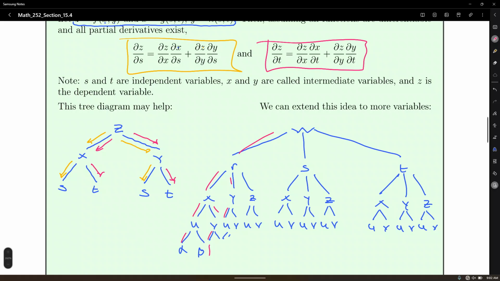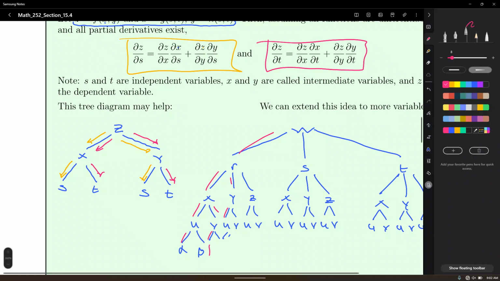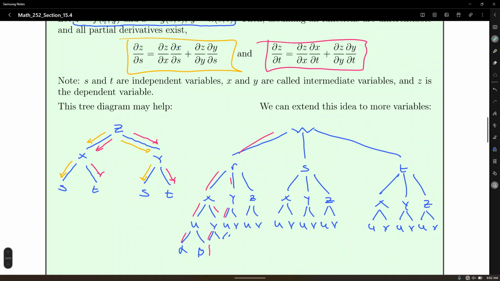Yep. So now a little bit of terminology. This is the dependent variable. The very last variables right here are the independent variables, in this case alpha and beta. And every letter you see in the middle is called an intermediate variable.